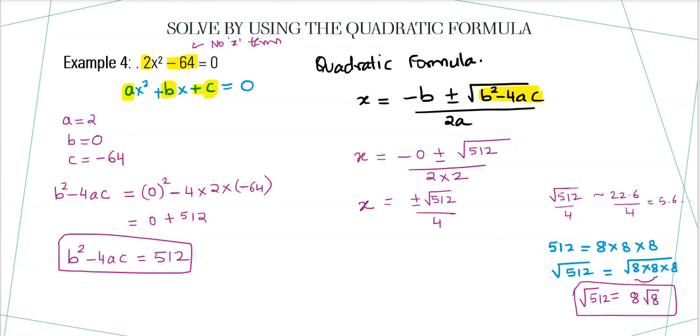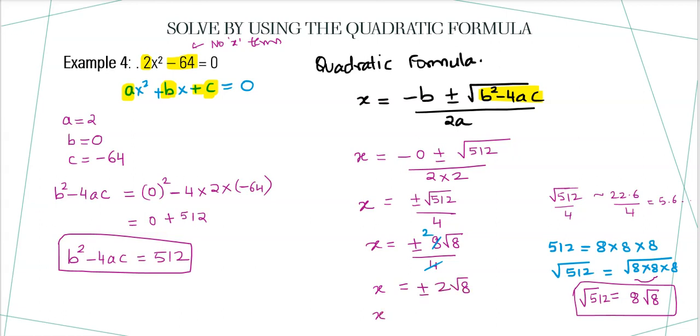So x = ± in place of √512 you can write 8√8 over 4. When you cancel 4 and 8, you will get 2. So you get your answer as ±2√8.